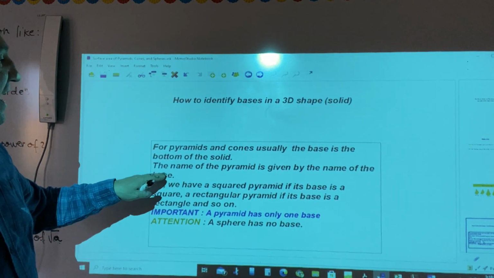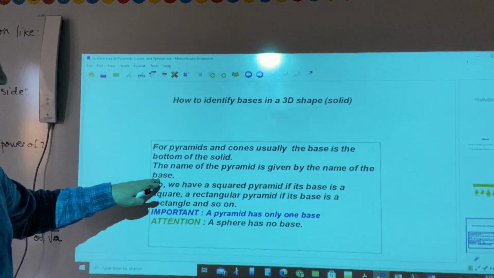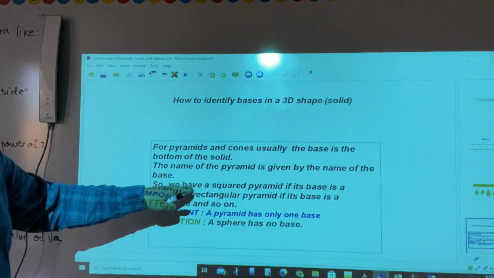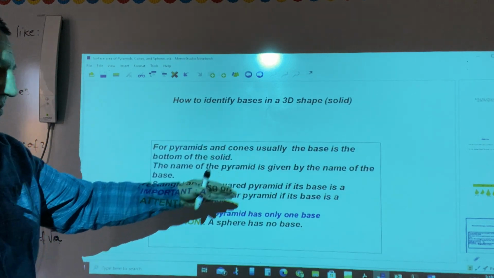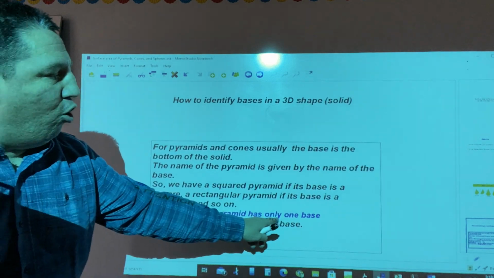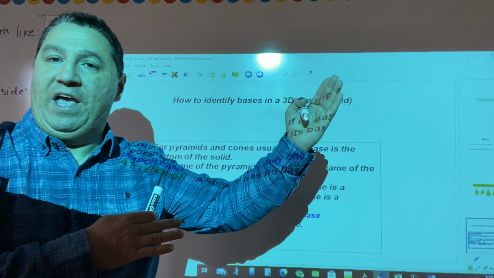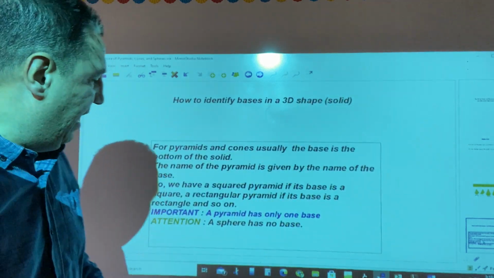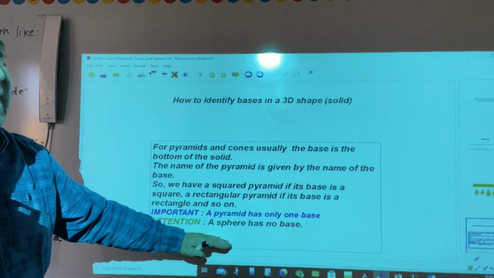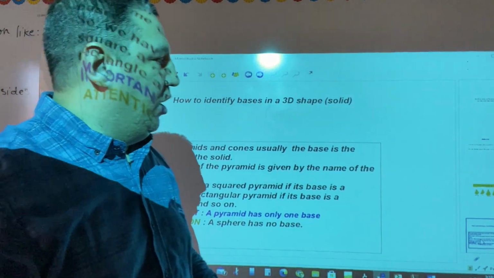The name of the pyramid is given by the name of the base, so we have square pyramids and so on. Important: a pyramid has only one base, not two bases like we have for prisms. Attention: a sphere has no base. Good?